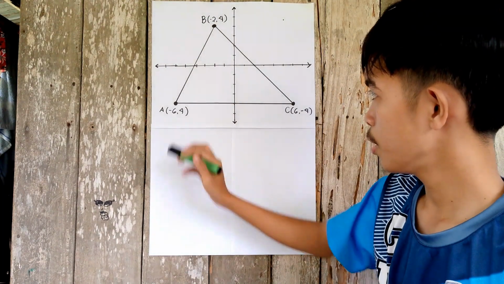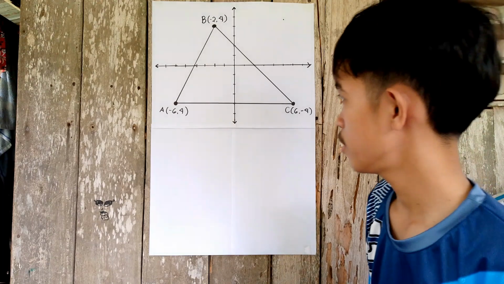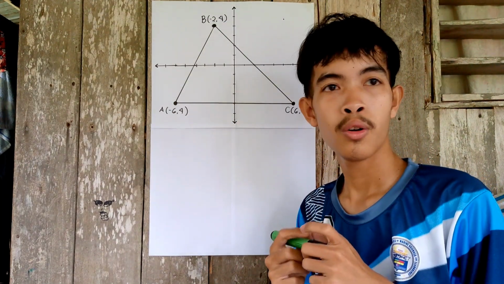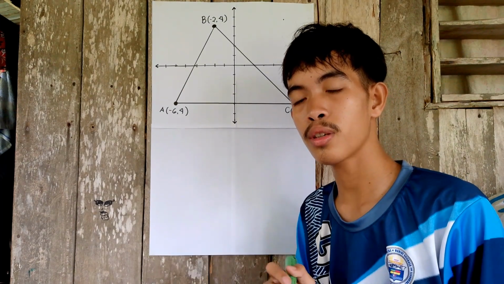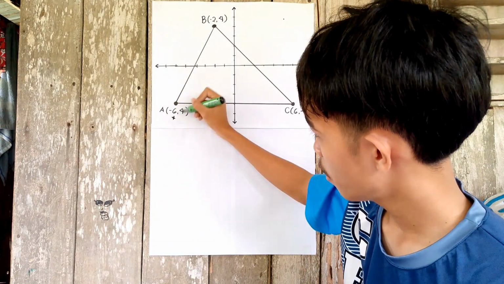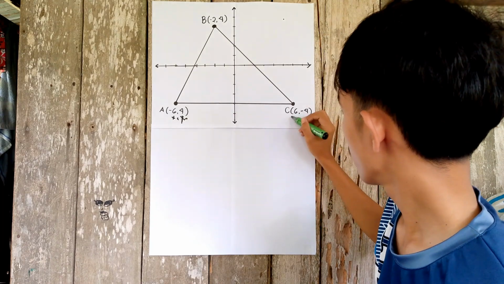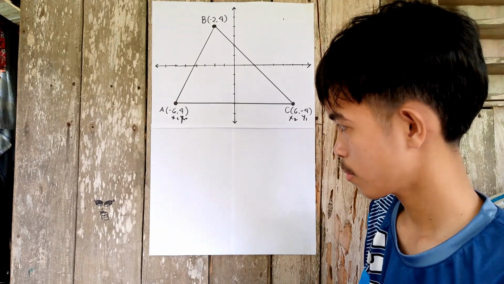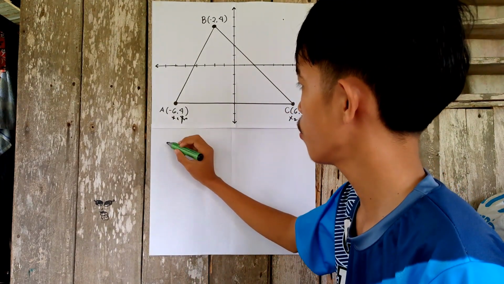So, we need this vertex and vertex C. First, we need to assign which will be our x1, y1, x2, and y2.